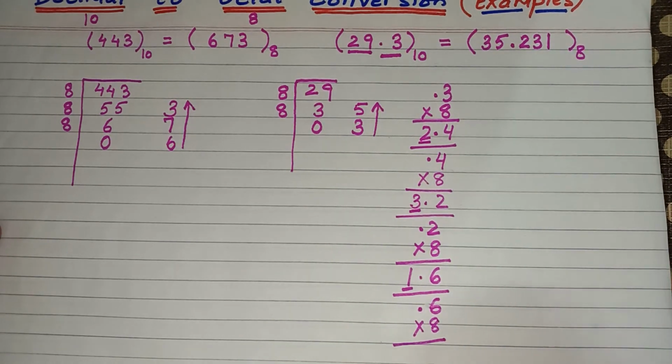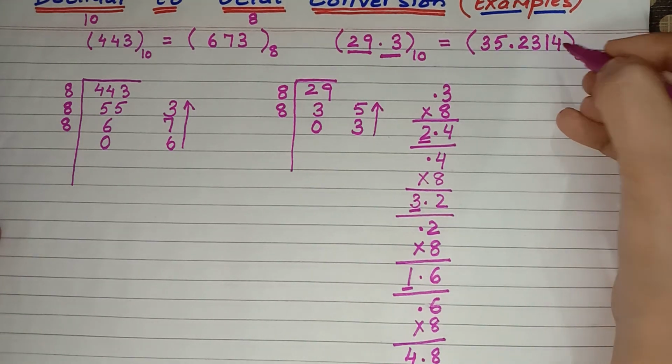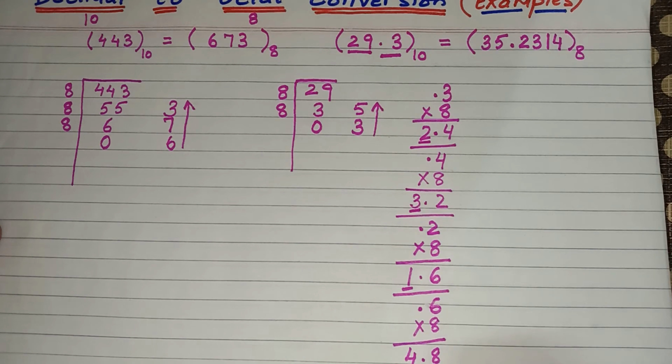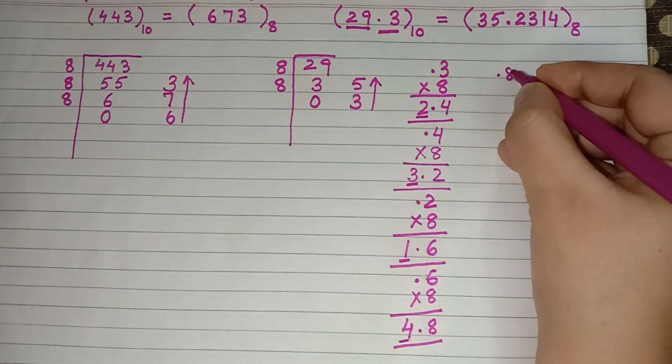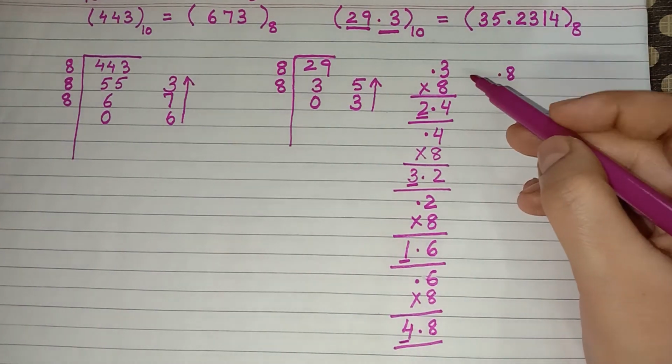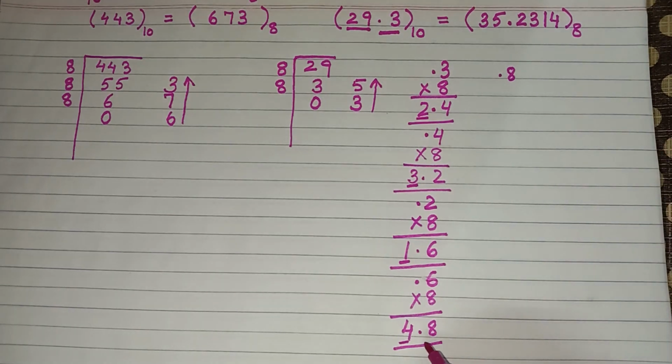So now again we will be multiplying this 0.6 by 8. So the result will be 4.8. Take this digit on the left side of the decimal in the final result, and we are now again left with this 0.8. So we have to perform this multiplication till we are getting here the 0 after the decimal.